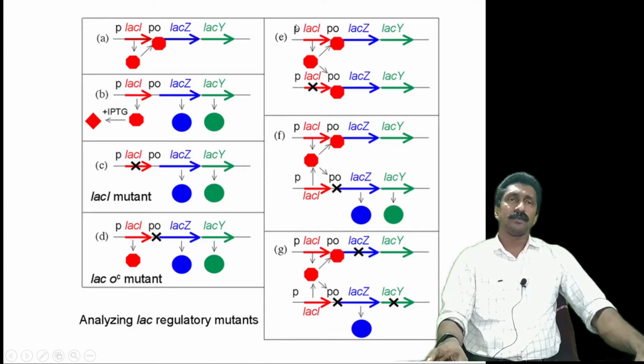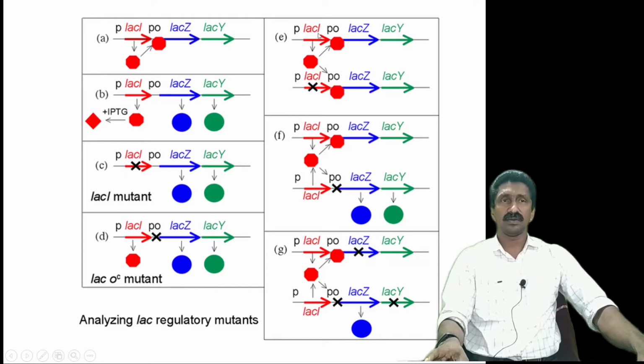So the vector-mediated gene product, that is the LAC-I gene, will bind to the promoter region of the plasmid, and it will also bind to the host cell promoter region, effectively blocking both of them. So this is a part of complementation.